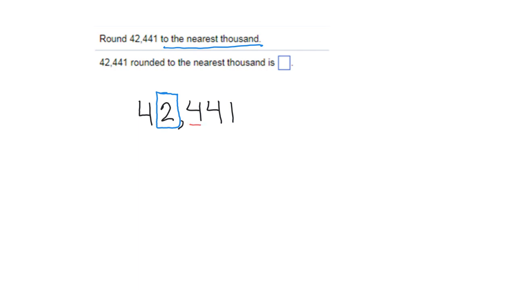So we look to the right and ask ourselves, is 4 greater than or equal to 5? The answer is no. Since it is no, we're going to leave the 2 as is, follow that place value with zeros. So the answer for this would be 42,000.